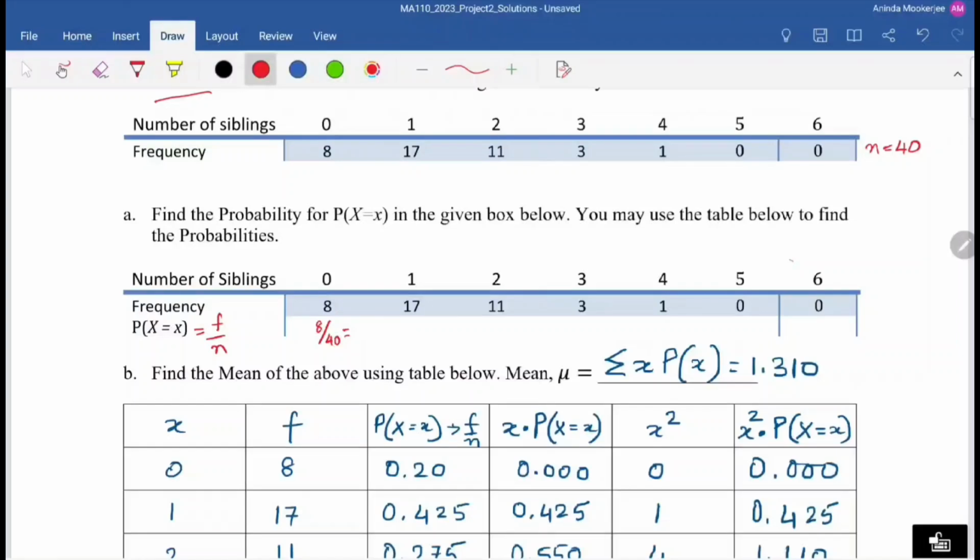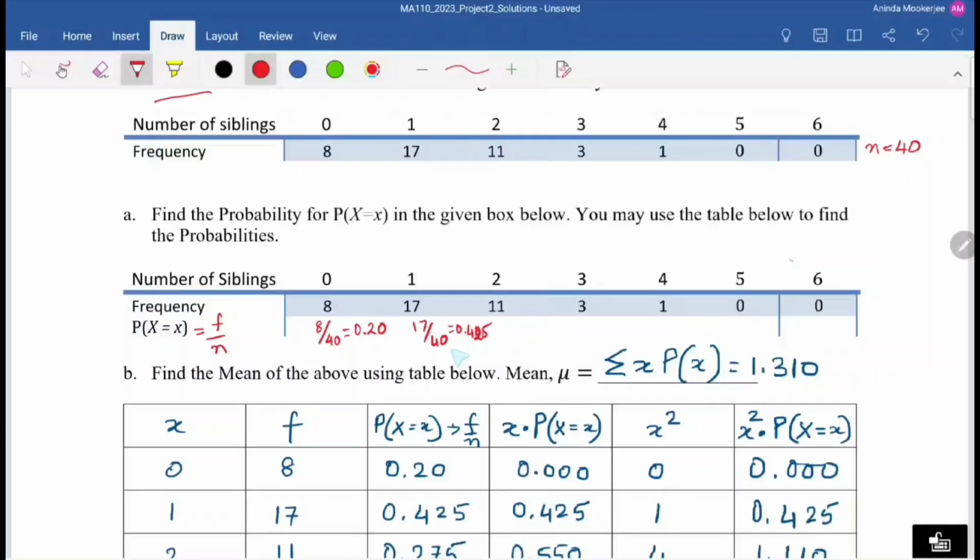I have given you the points there, but for this test, I'm going to deduct points if you leave your probability answer as fractions. It has to be converted to decimals, all right? That's how we represent probability values. So please don't leave it as 8 over 40. Convert it to decimals, which should be 0.20, and then 17 over 40, which is 0.425.